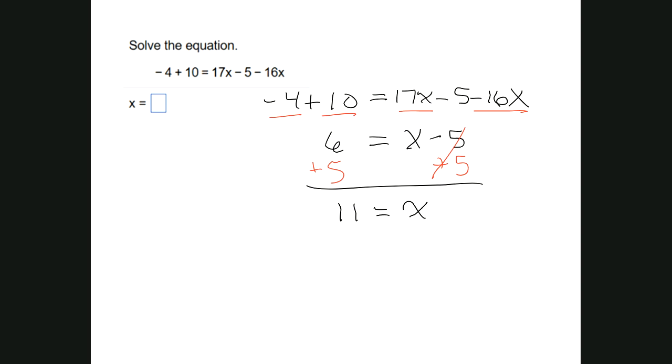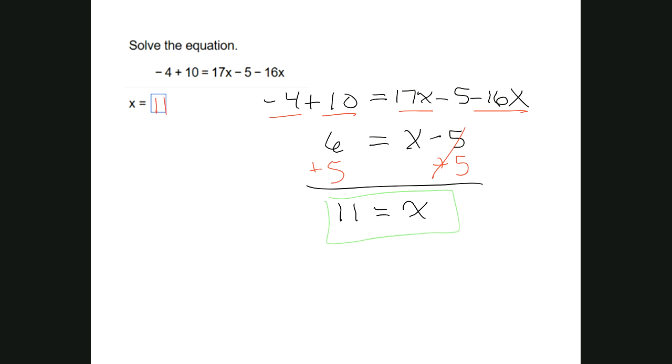And this is my solution. So x equals 11. And once again, you can check it the same way we did in the last problem.